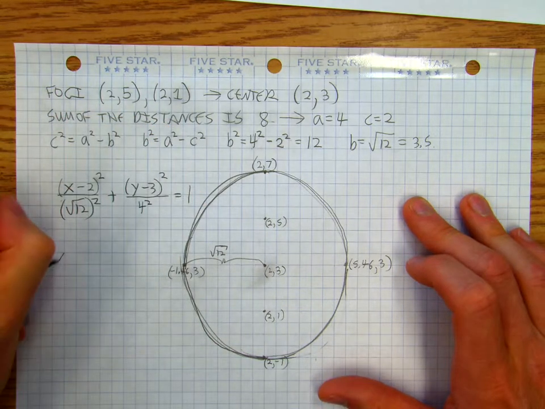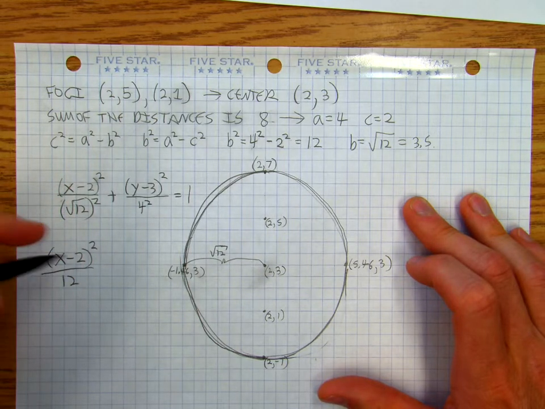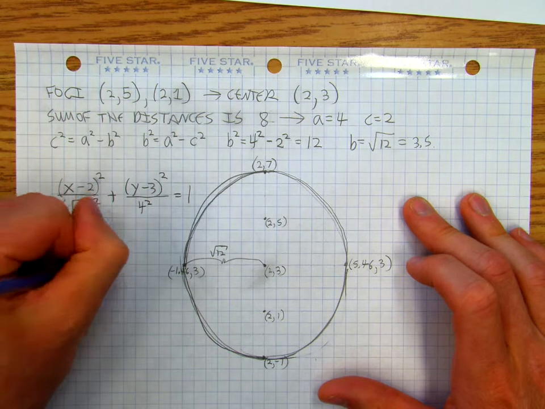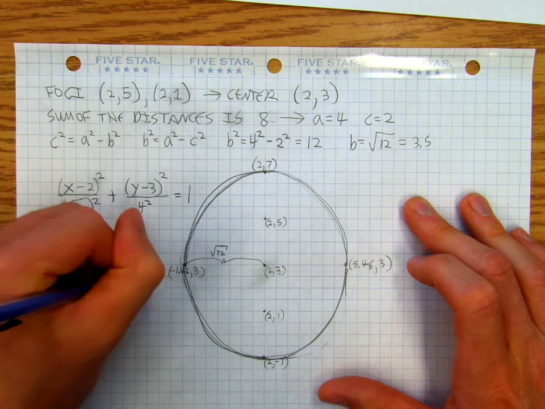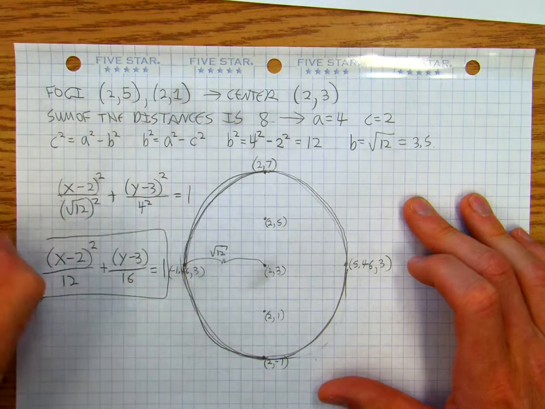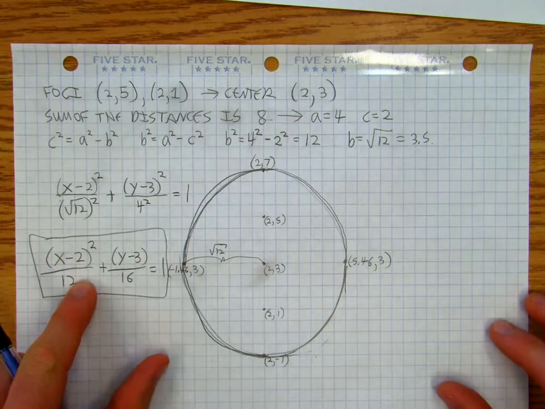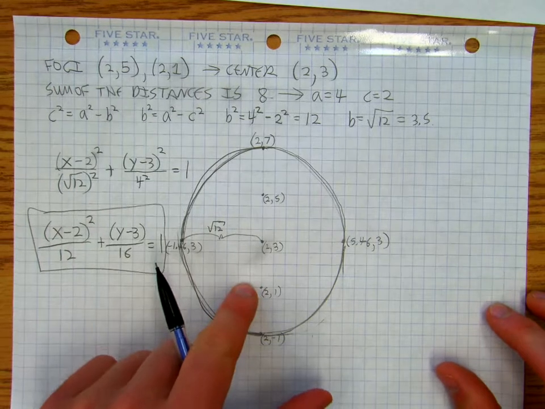So I'm going to have (x - 2) squared over 12 plus (y - 3) squared over 16 is equal to 1. So that's the equation of that potato ellipse.